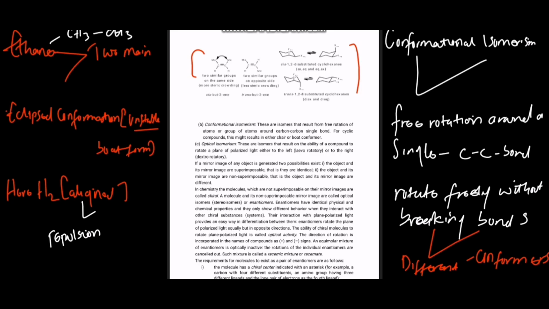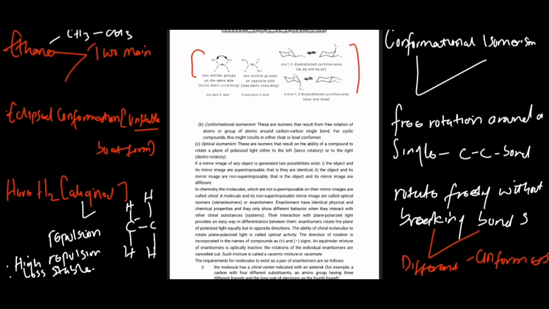In the eclipse conformation, the hydrogens are aligned, so there is maximum repulsion, and also the bonds are overlapping, so there is high chance of repulsion, and they are less stable. That's what I wanted you to take note of.